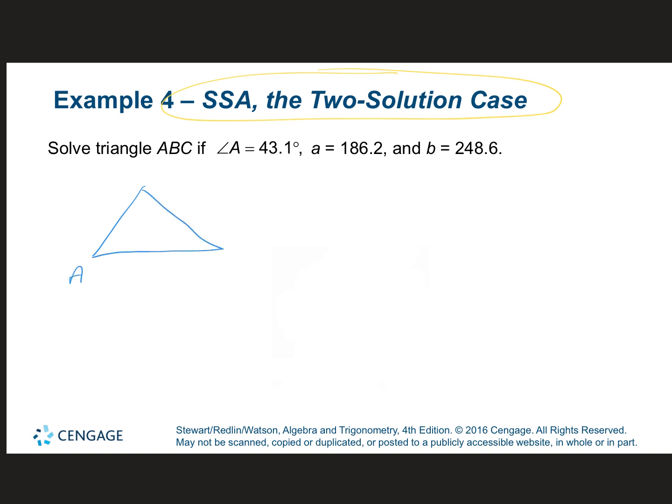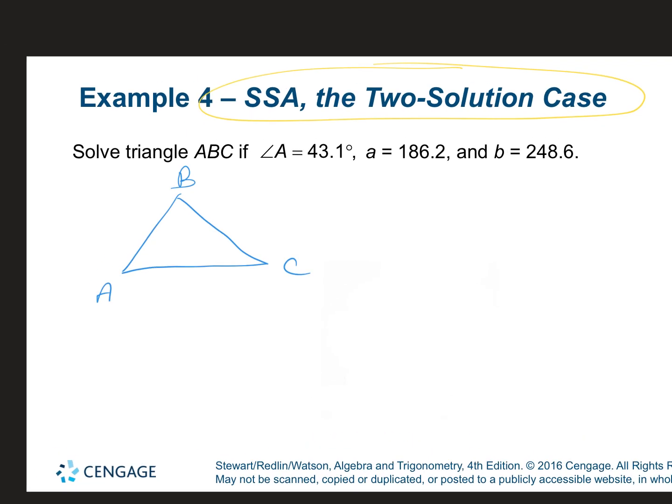A, B, and C. They tell me that angle A is 43.1, side A is 186.2, and side B is 248.6.